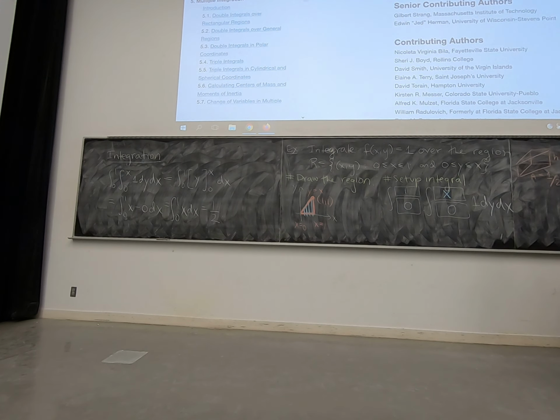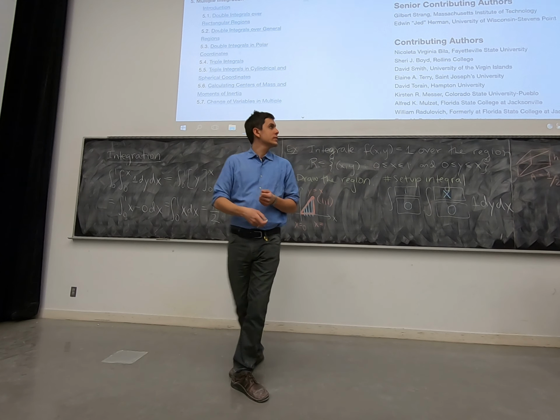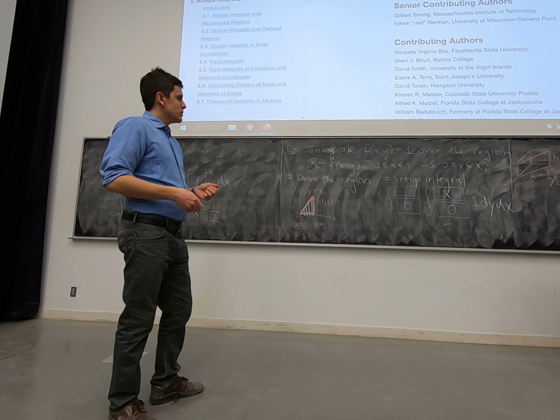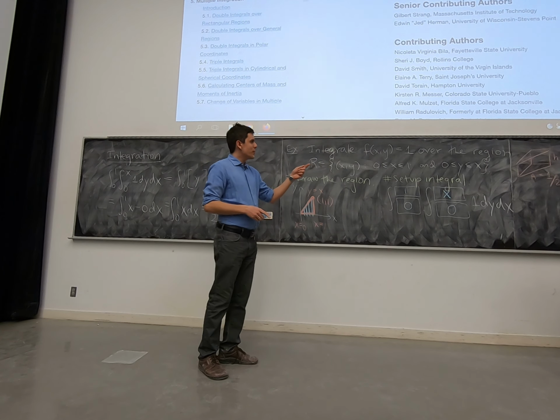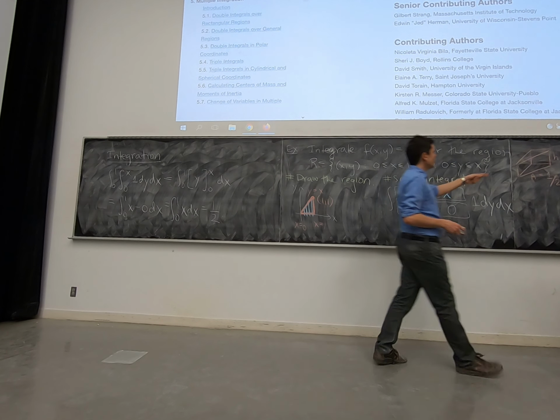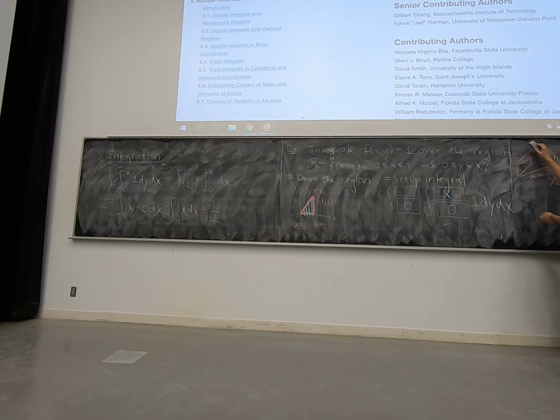So notice that our x was between fixed constants, right? But our y value changed depending on what slice we were looking at. So I just want to finish up by making a theorem or a statement out of this, because we're going to come back to this notion of calculating area this way.